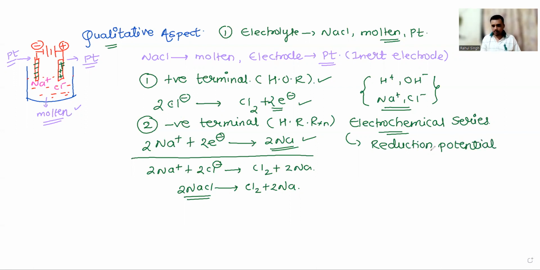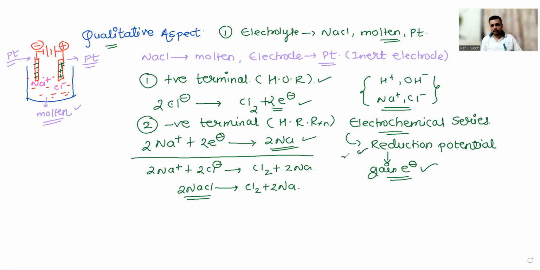Reduction, we are familiar with. Reduction means gain of electron. The species which can gain electrons more will have a higher standard value.